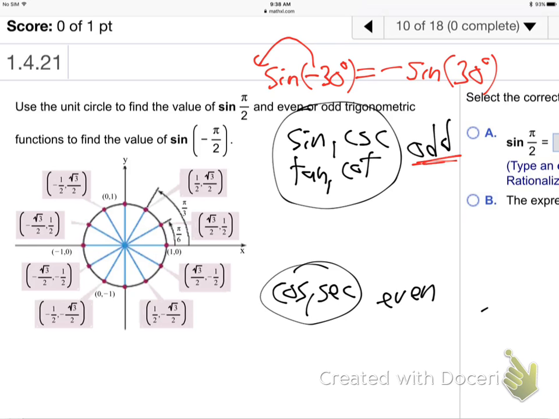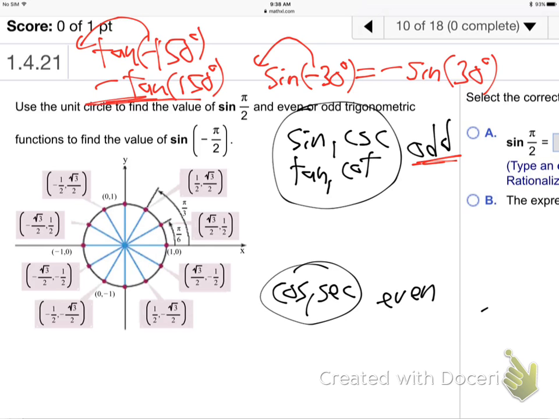It means you can pull negatives from inside the function, sine or cosecant, tangent or cotan. You can just pull it out. So say you got the tangent of negative 150, for example, you can just yank that negative to the front, and then just do tan of regular 150 and then make the answer negative.